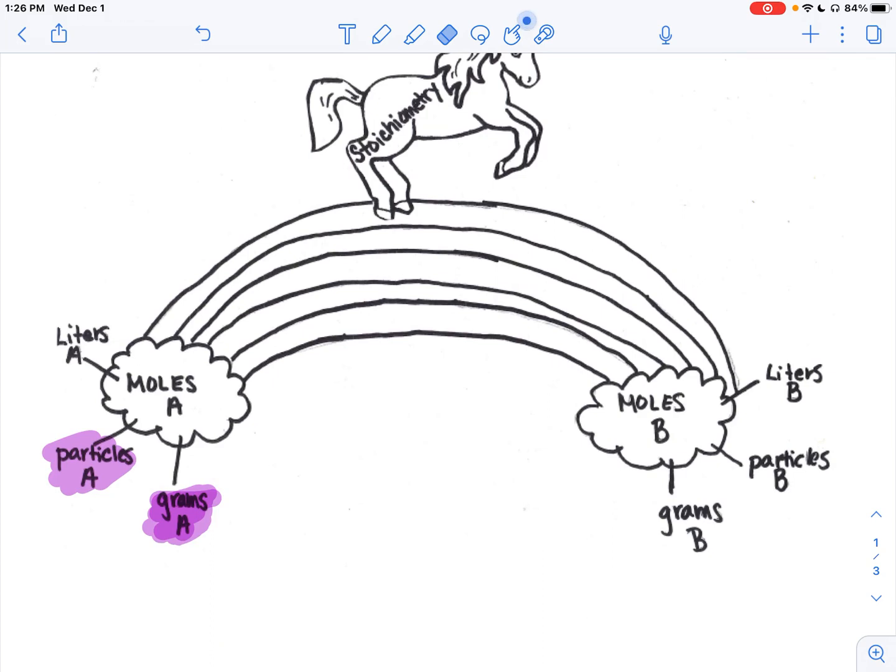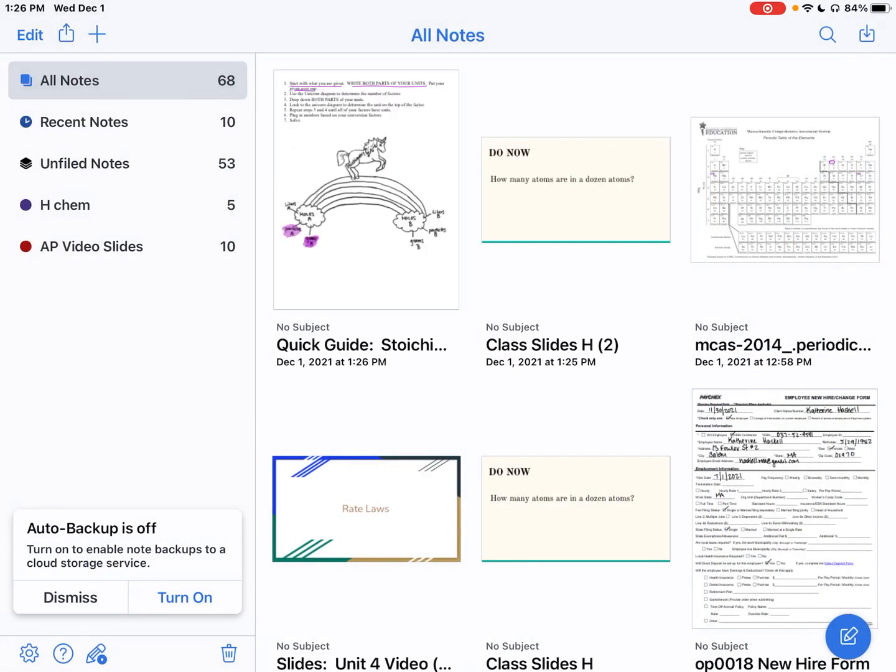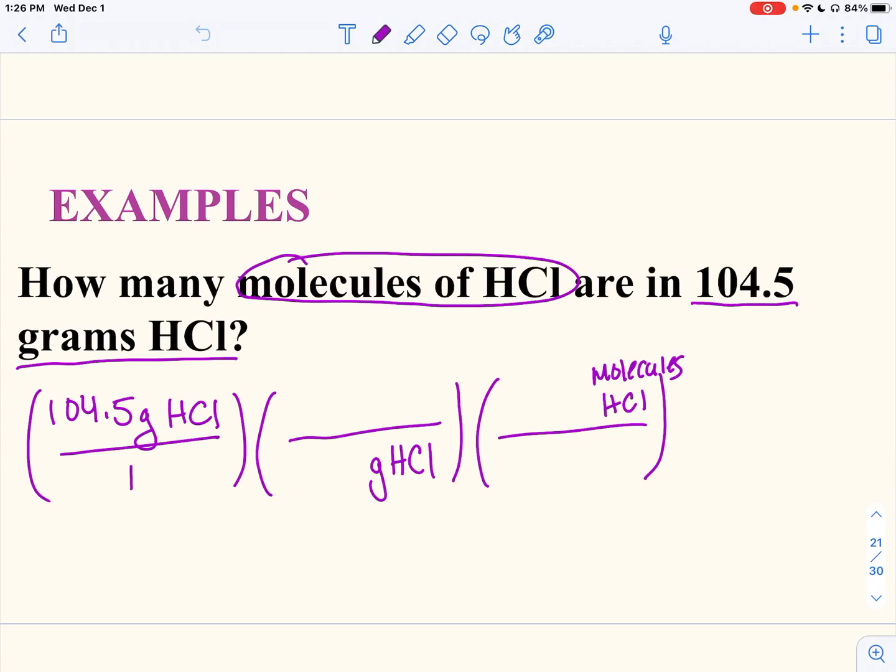So not only does this tell you the steps, it also tells you what goes on the top of each factor. So we have grams on the top of our first factor, and then moles goes on the top of our next factor. So this is like a roadmap. Okay, so grams, then we go to moles. So we're going to put moles on the top here.